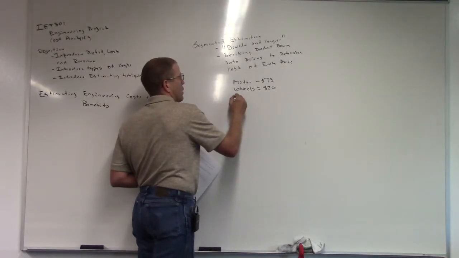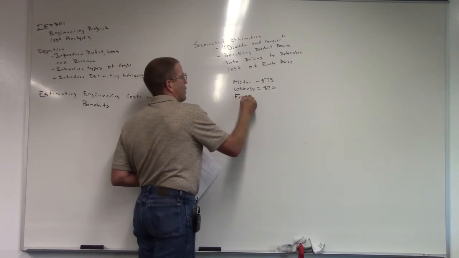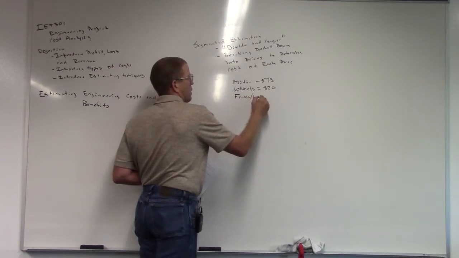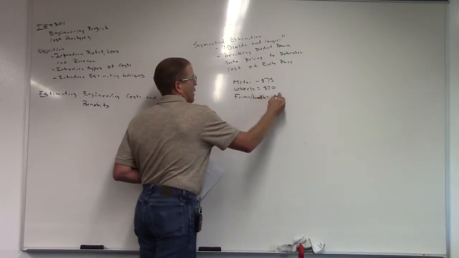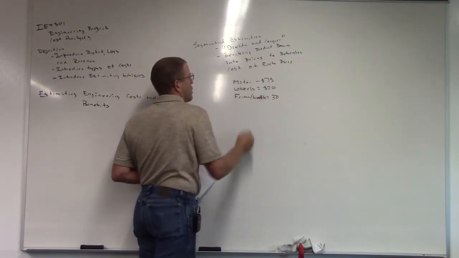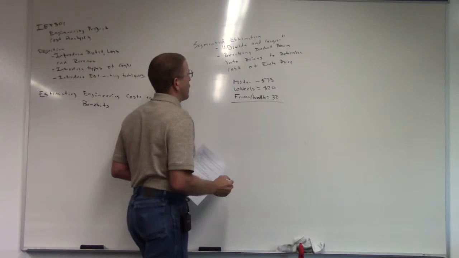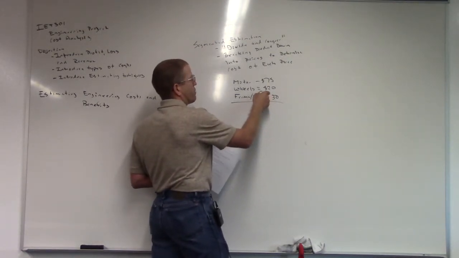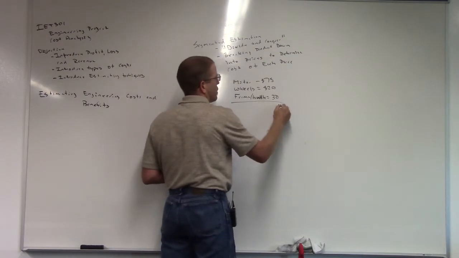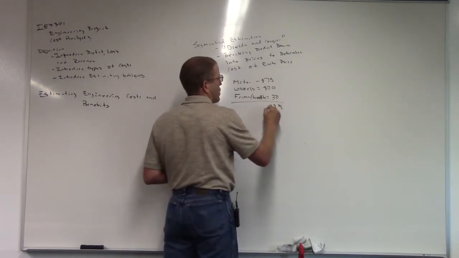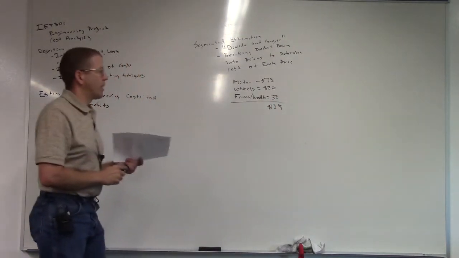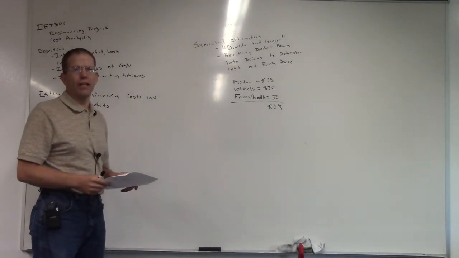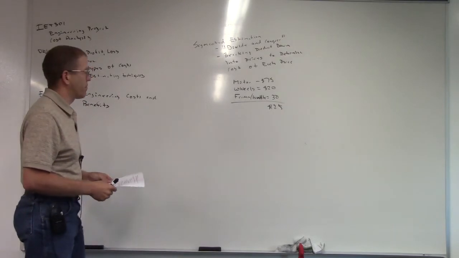The frame and handle assembly might cost another $30. So by using the segmented estimation process, we can see that the cost associated with producing this lawnmower would be $125. We could then go through and use that per unit cost in order to factor into the cost equation that we talked about earlier.